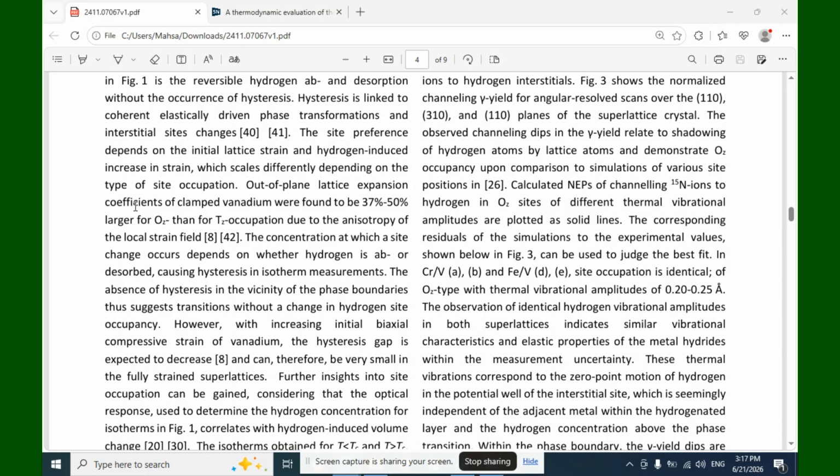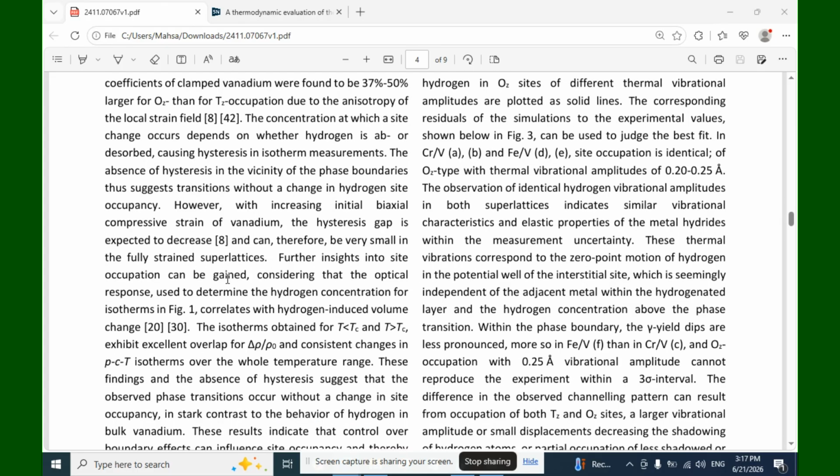The absence of hysteresis in the vicinity of the phase boundaries does suggest a transition without a change in hydrogen site occupancy. However, with increasing initial biaxial compressive strain of vanadium, the hysteresis gap is expected to decrease and can therefore be very small in the fully strained superlattices.